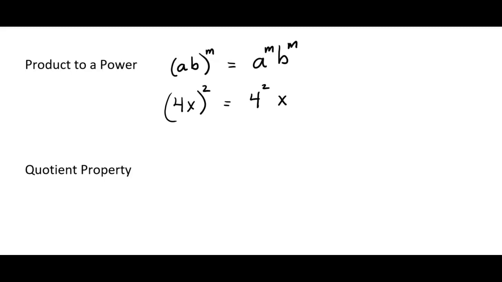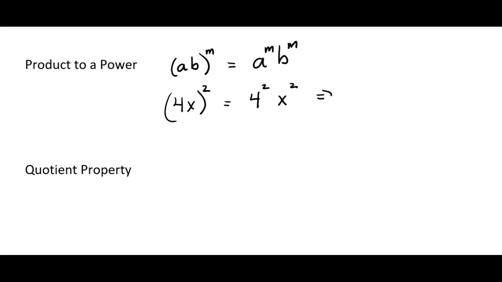Okay. If you have 2 different bases, like a and b, and they're raised to some power in parentheses like that, then they each get that exponent. So a to the m, b to the m. So if I had something like 4x, and I was trying to square that, I would have to make it 4 squared and then x squared.